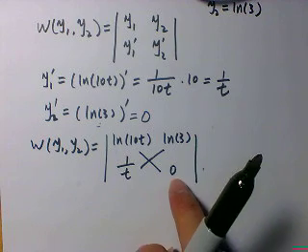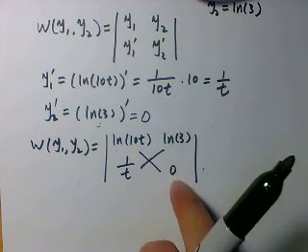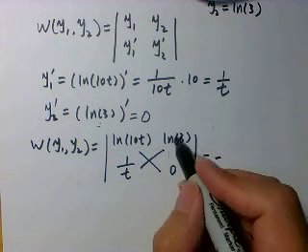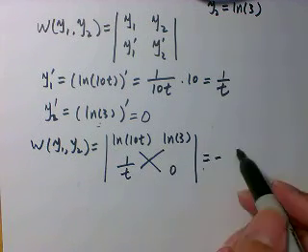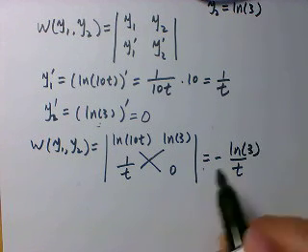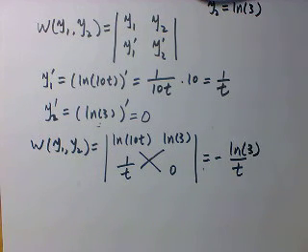Very clearly, this term times 0 is 0, minus ln 3 times 1 over t, which is ln 3 over t. So that's the Wronskian of these two functions.